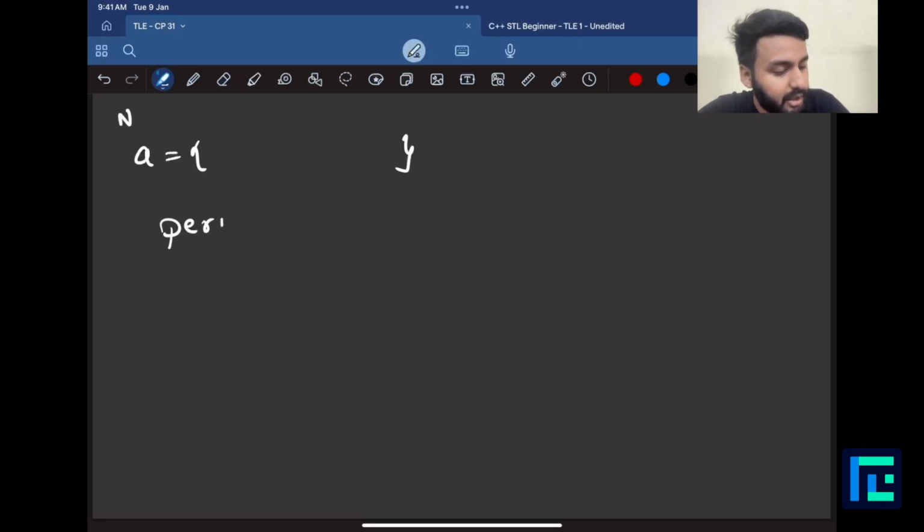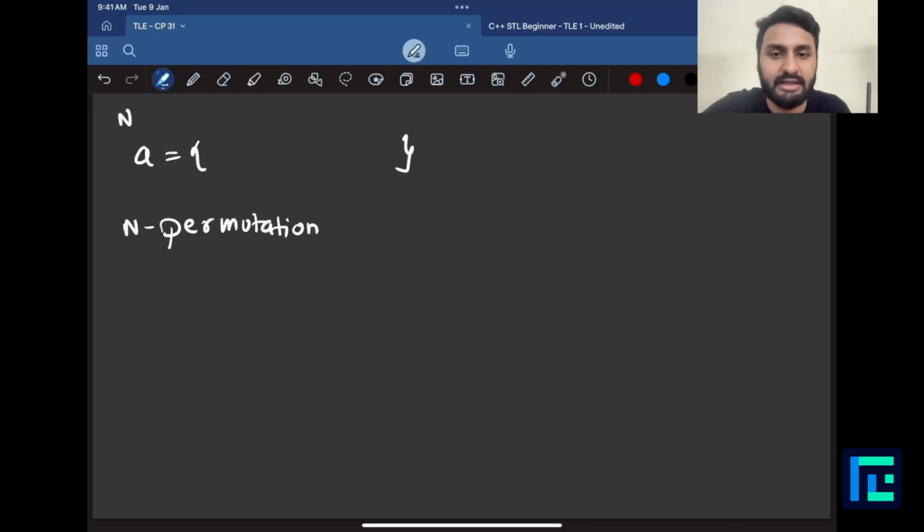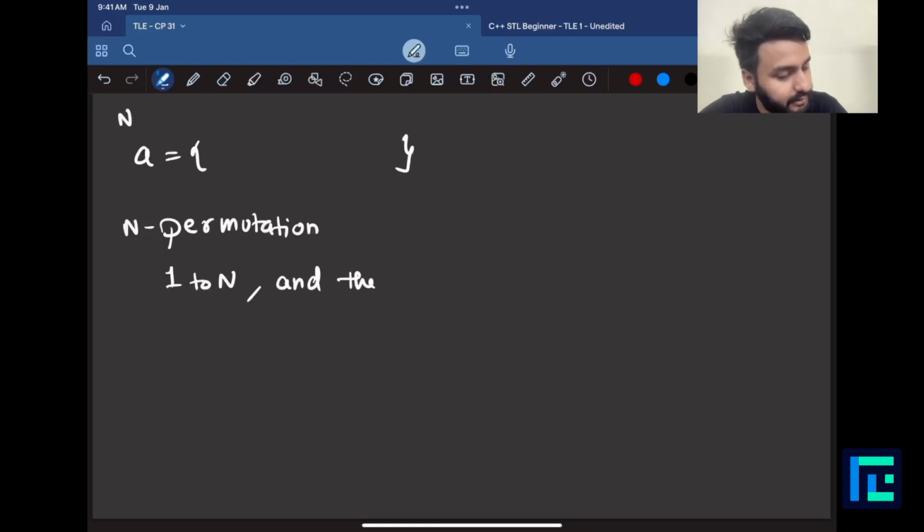Okay, a permutation is simply an array. If let's say I talk about an n size permutation, then an n size permutation is basically an array which has all the numbers from 1 to n, and the numbers are unique.